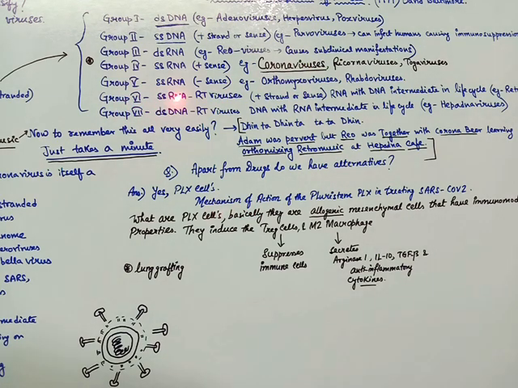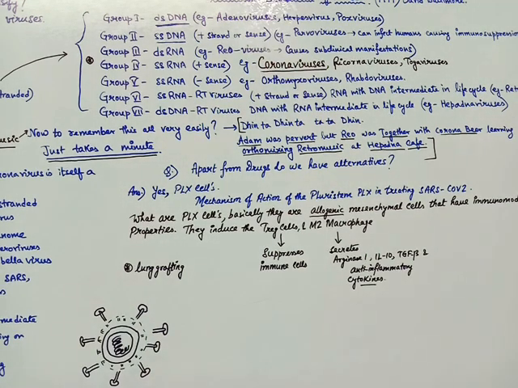Group 6 has single-stranded RNA reverse transcriptase viruses, positive strand or sense, RNA with a DNA intermediate in the life cycle. These viruses contain RNA as their genome, but once they enter the cell, they convert their RNA into DNA, and this helps in their further life cycle. Next is group 7, the dsDNA-RT reverse transcriptase viruses.